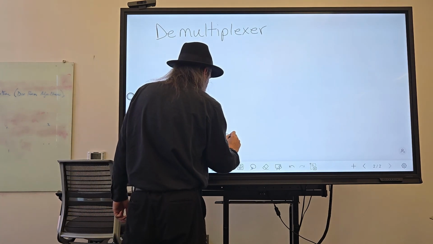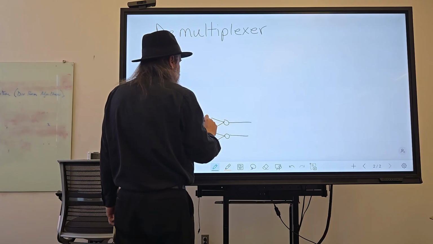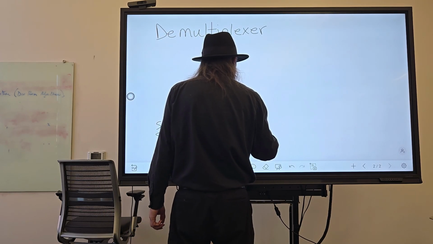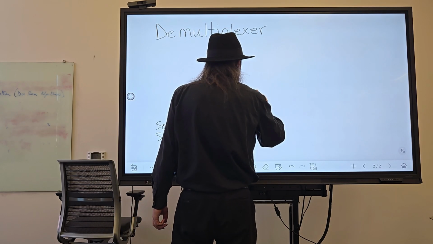Take inverses of each one. And then you would have AND gates.